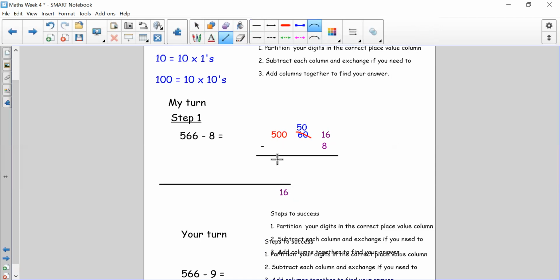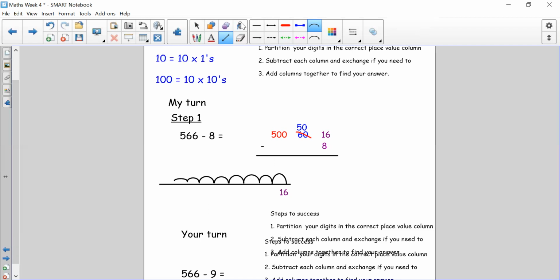So off we go. We're going to do 1, 2, 3, 4, 5, 6, 7, 8. Now remembering with each jump, we are taking 1 away.